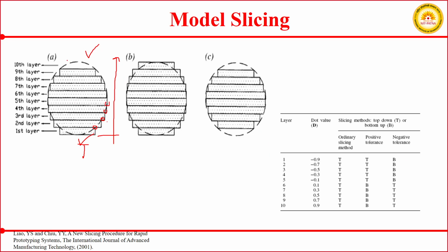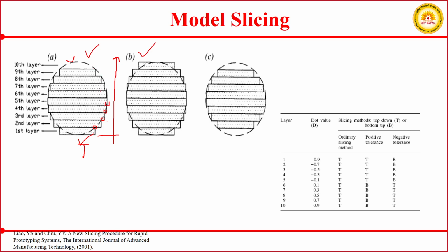It is the normal practice which is done in AM machine, but you can slightly modify it, like in the second case what we have done, because in the starting the slope is positive, so we are seeing the oversize in the component. Okay, and similarly when the slope is negative, it results into the undersize.